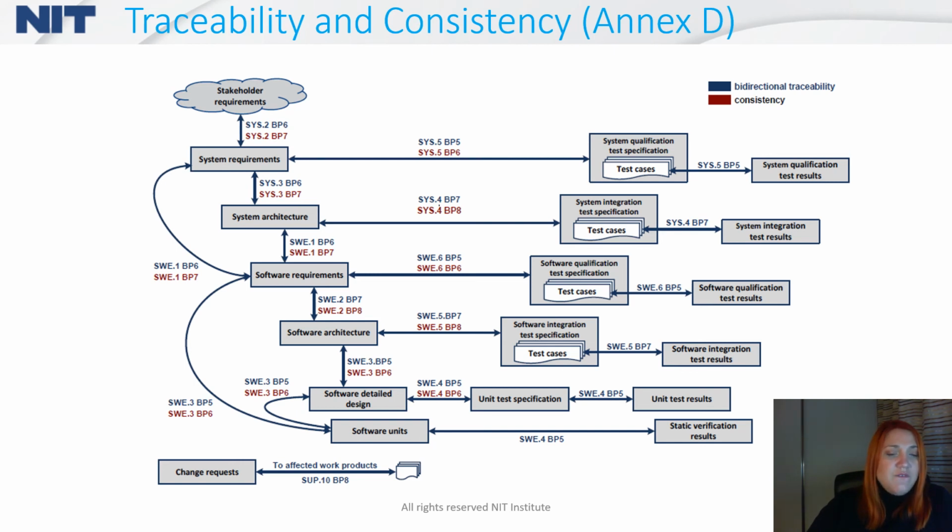Then we have the unit test specification, and in the higher levels, of course, the integration test specification on the software level, and the qualification test specification on the software level, and both of them in the same way on the system levels. Besides the specification and the testing, which needs to be fully bidirectionally traced with the left side, we also have the results, which need to be traced to those specifications.